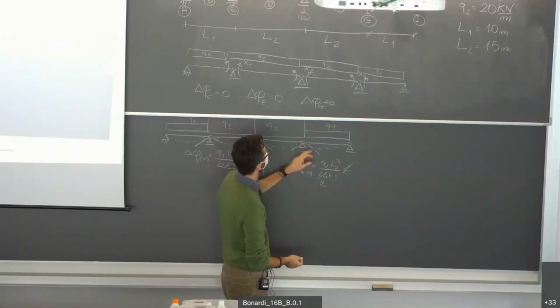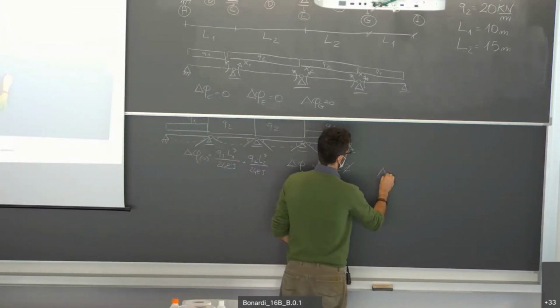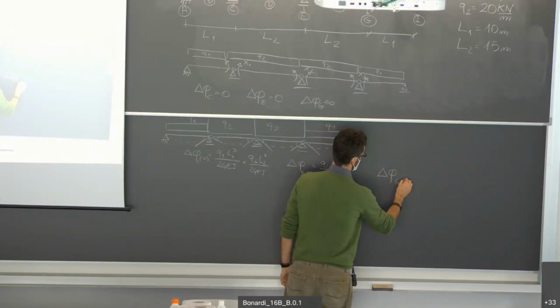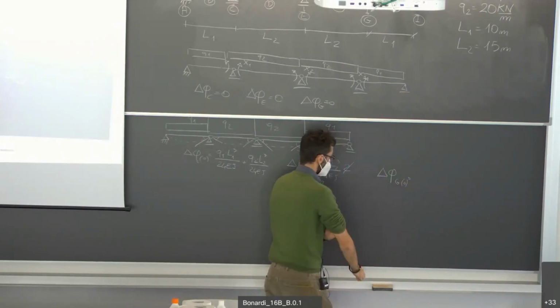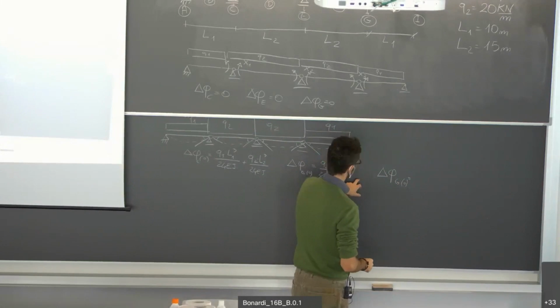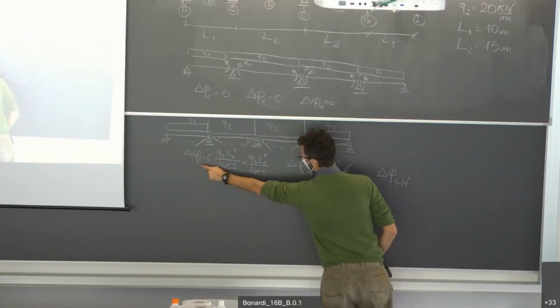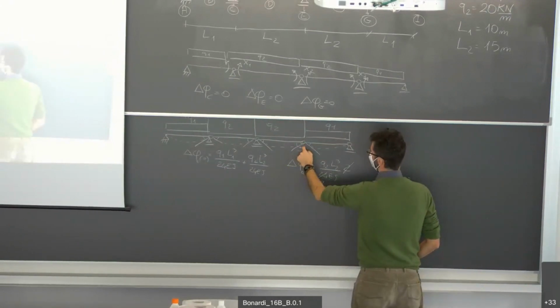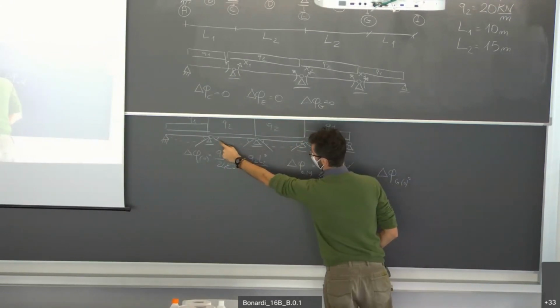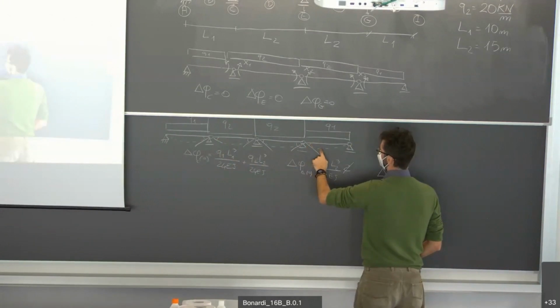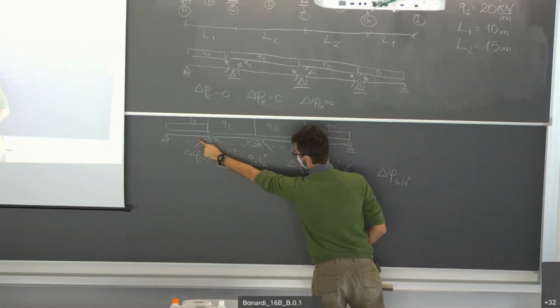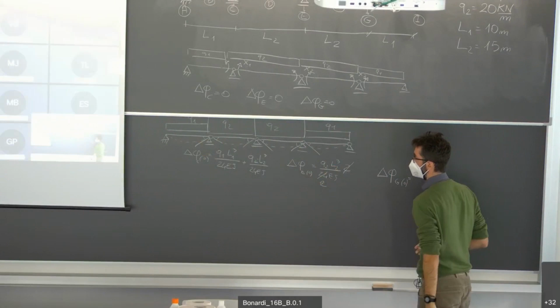Then we have the rotation in the node G. This is equal to basically PC0, because we have this first rotation, which is equal to this one, and the second rotation, which is equal to the first one, because it's all symmetric.